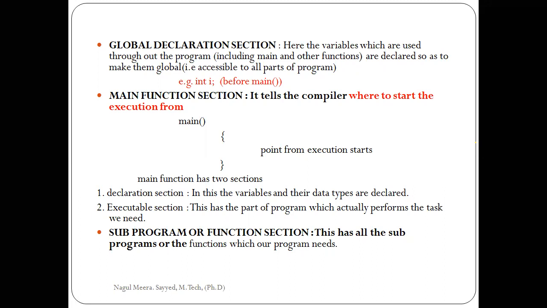Every C program must consist of one main function only. This main function is used to tell the compiler where to start the execution from. That means the main function tells from where your C program should execute. Every C program must execute from the main function only.